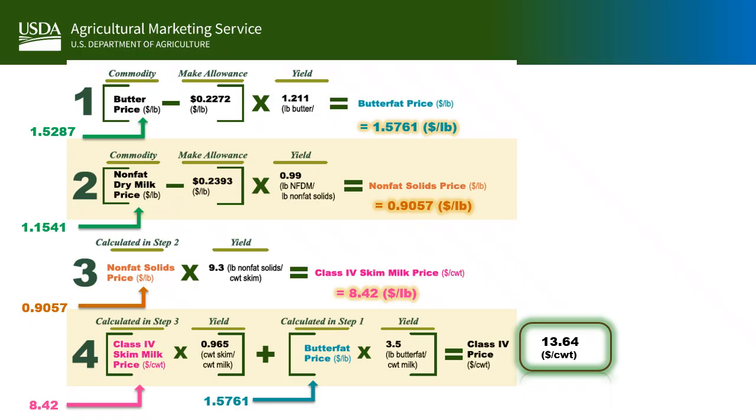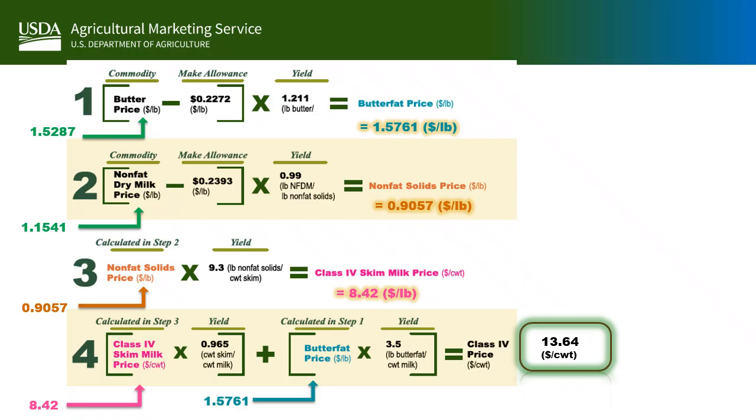The butterfat component price of 1.5761 is multiplied by its yield factor of 3.5. The two are then added together to find the Class 4 price of $13.64 per hundredweight. This is the minimum a handler could pay for milk used in Class 4 products like butter and non-fat dry milk for the month of December 2025.